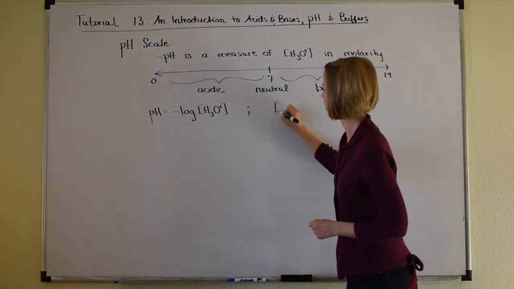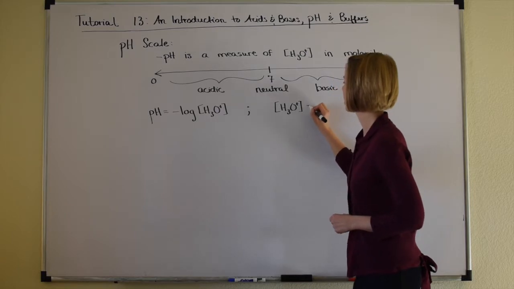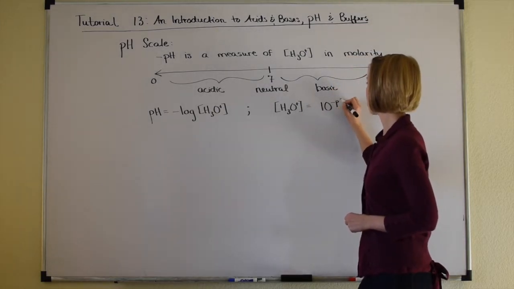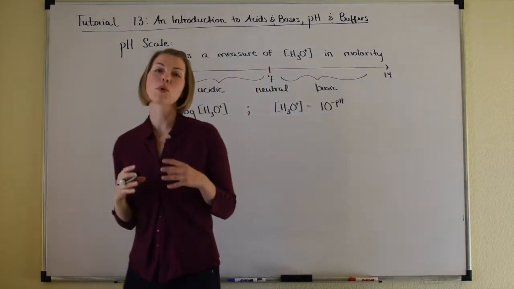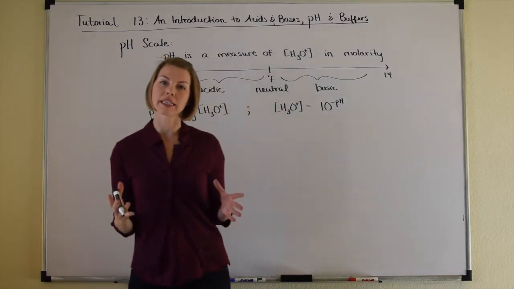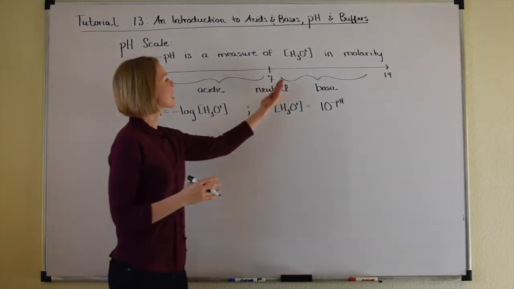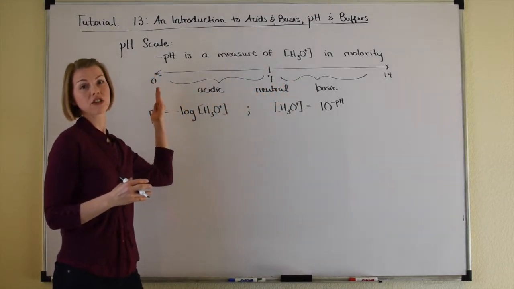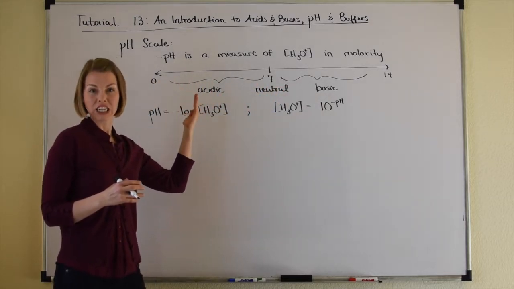So I'm going to write that down here as well. H3O+ concentration equals 10 to the negative pH. Okay, so some very important things to realize about the pH scale. First of all, as the pH of a solution decreases, the acidity of that solution is increasing.